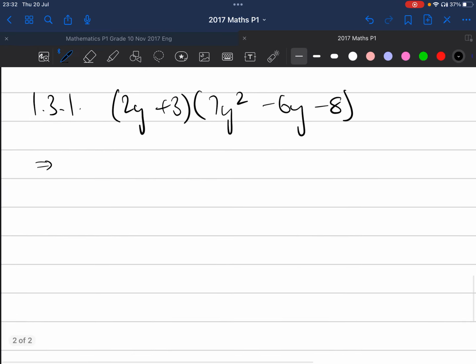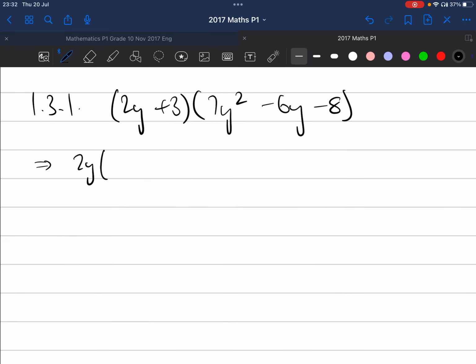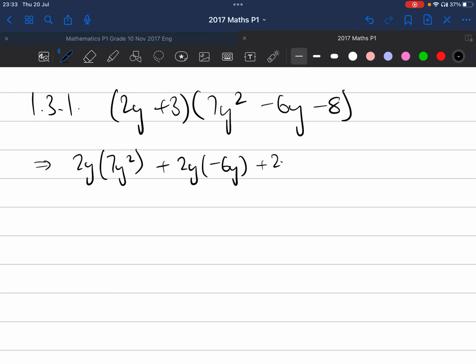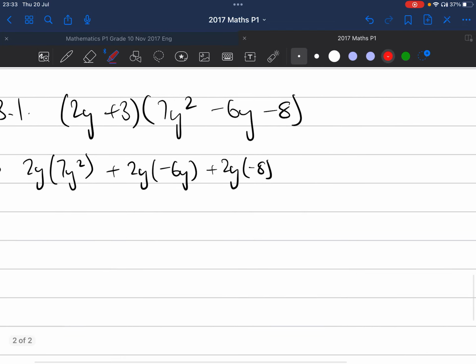Let's say 2y times 7y squared, and I'm just going to show every step, but you don't have to actually do this. You could just write the final answer. Then plus 2y times minus 6y plus 2y times minus 8. Okay, so that's the 2y taken care of.